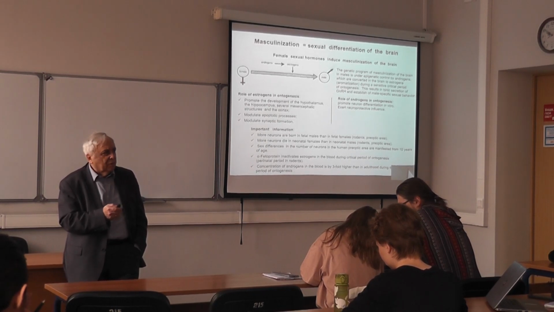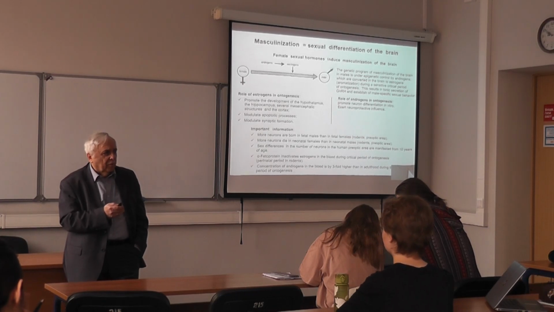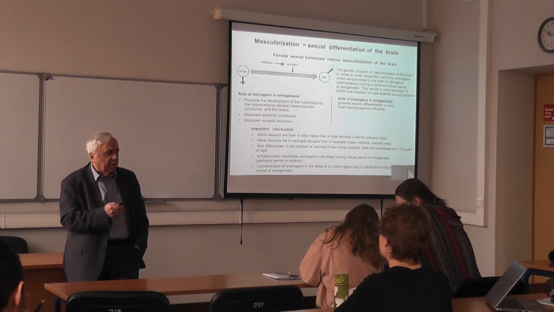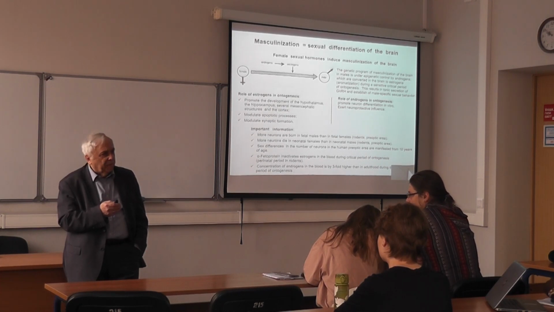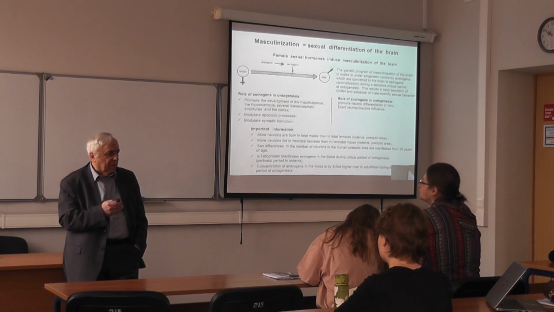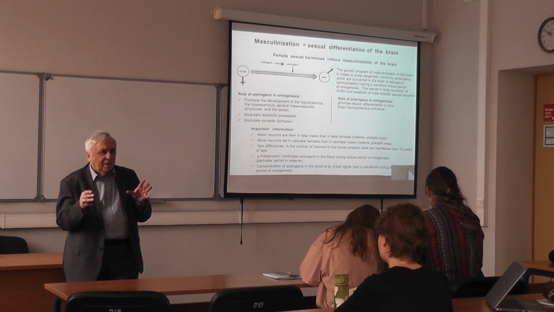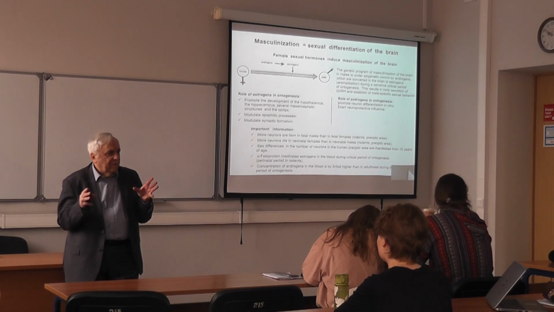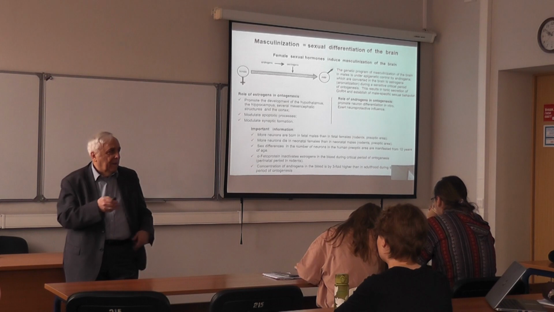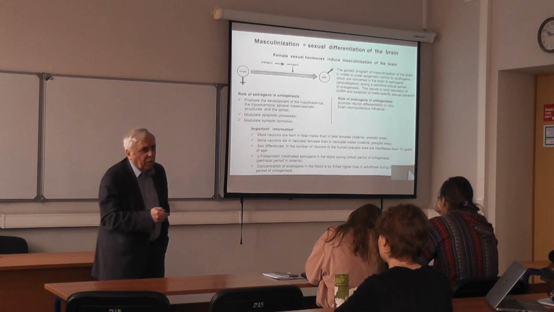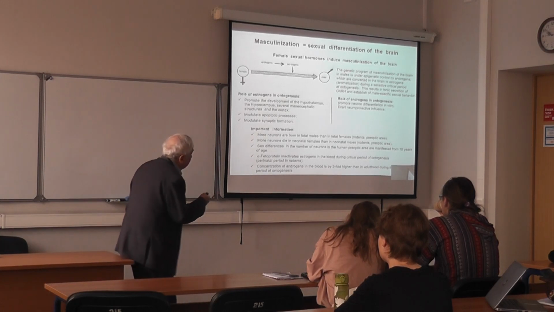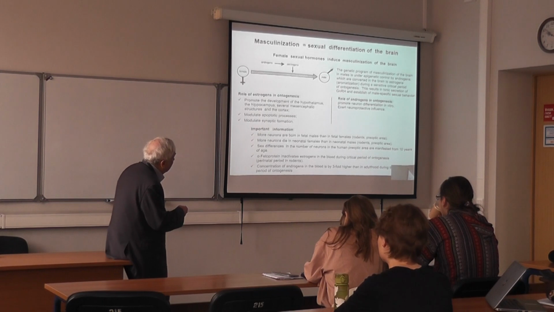In fact, we are coming to a general conclusion that there is a genetic program of the development of the brain and of the differentiation of the neurons, but it is flexible and it can be modified by so-called epigenetic factors, factors which are exterior vis-a-vis the neurons. Okay, and sexual hormones are one of the epigenetic factors. This is an example.